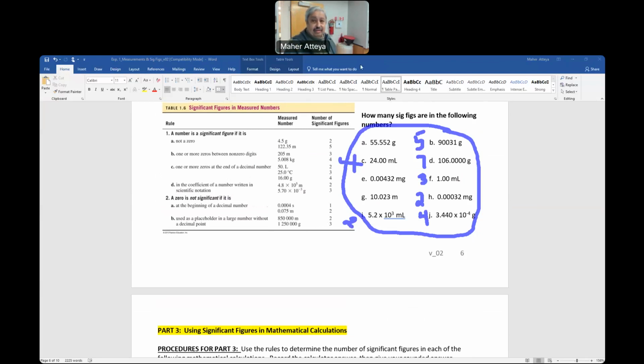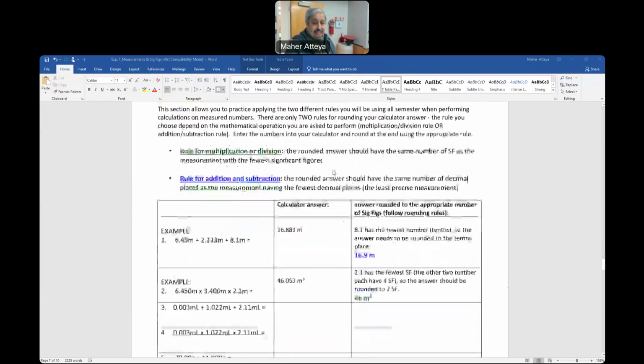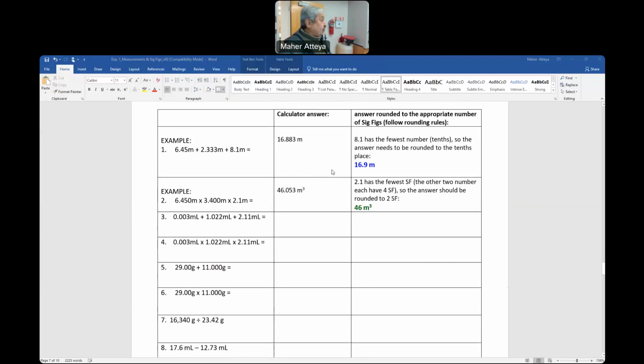That's very good. So let's take this one out and come back here and look at the rules of addition and multiplication. Let's put this one here as a pencil, not a marker. So when you add or subtract, the least number of digits after the decimal will control the outcome, correct? So how many digits do we have here after the decimal? 2, correct?